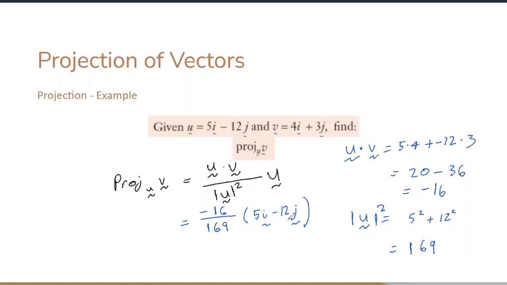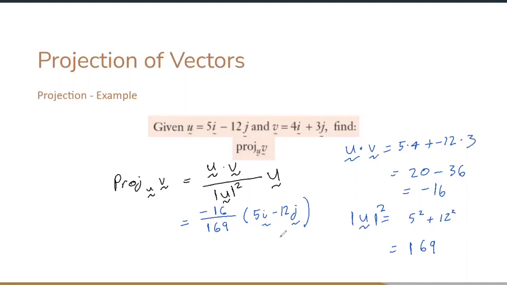But essentially, this is how you use the projection formula. And like I was saying, the projection essentially just tells you how much v is pointing in the same direction as u, and it does this as a vector, telling you that it's this fraction of u, and that's how much of v is in that projection.